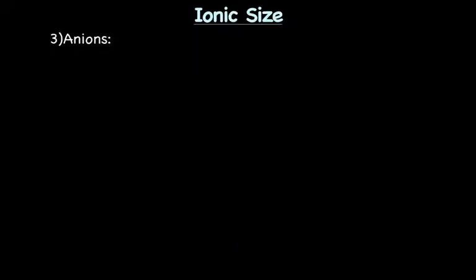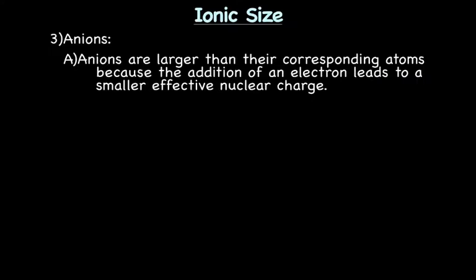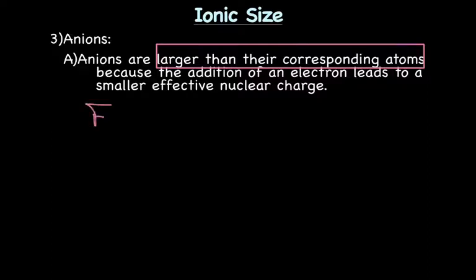Okay, let's talk about anions and ionic size. Anions are larger than their corresponding atoms because the addition of electrons leads to a smaller effective nuclear charge. So if we take, for example, fluorine, the atom has 9 protons and 9 electrons with an electron configuration of 1s2, 2s2, 2p5.